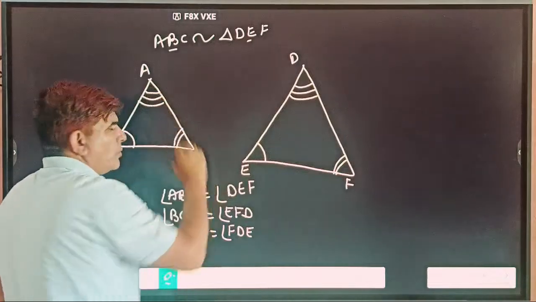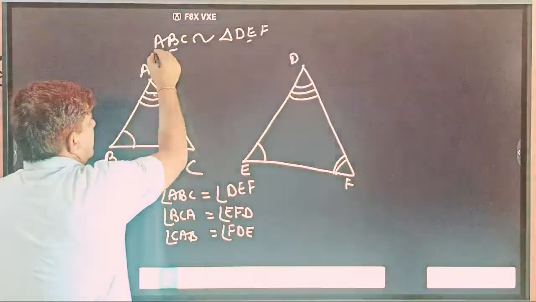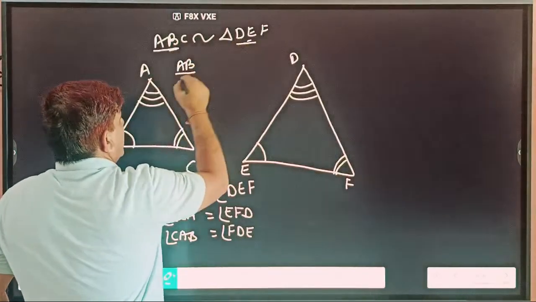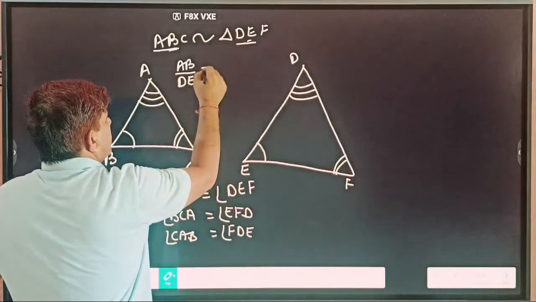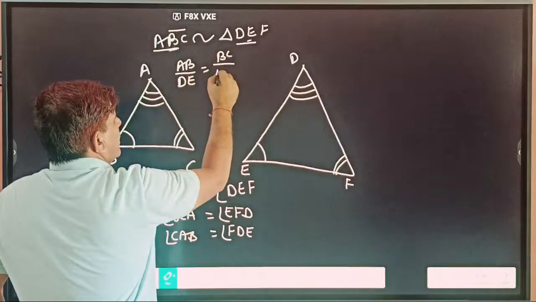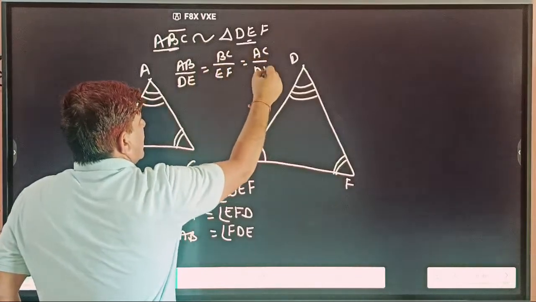So corresponding angles are equal, and for corresponding sides, taking the first two parts, AB by DE is equal to the last two parts BC by EF, and the first and last, AC by DF.